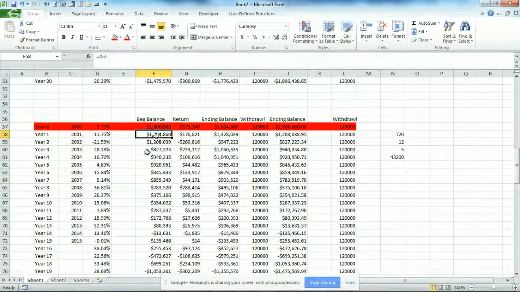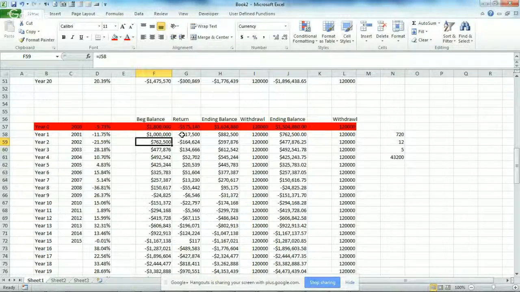And then you have $1.5 million, and now let's say you have only $1 million because you bought the annuity for $500,000. Then the market goes down 11%.